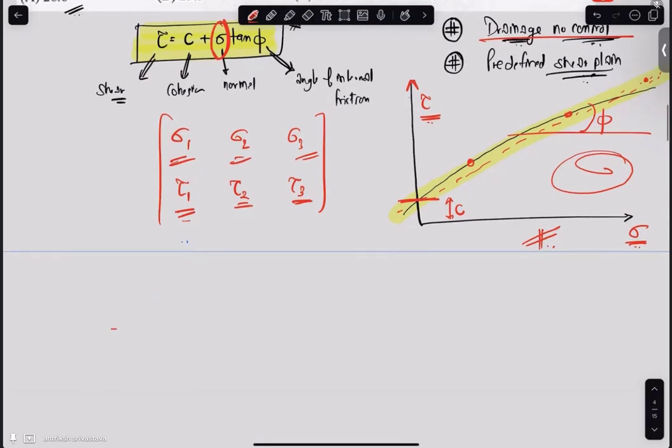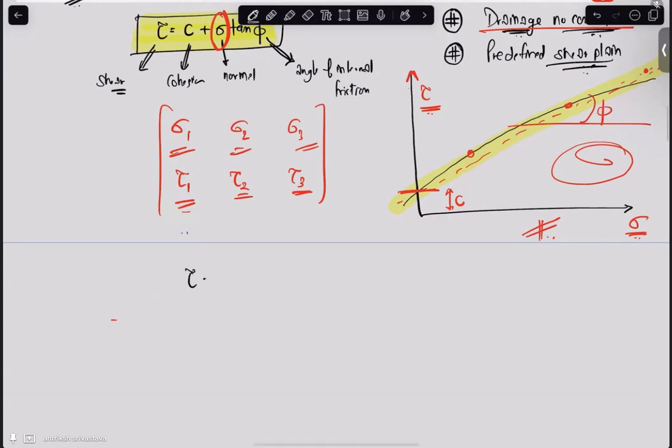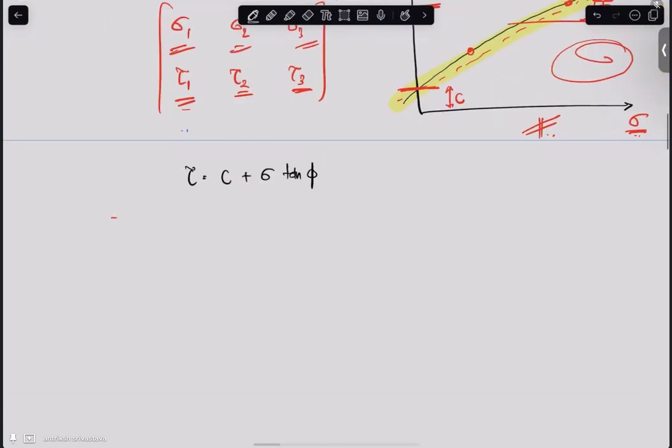So let's calculate. We have the equation tau is equal to C plus sigma tan phi. What is C? This is a cohesionless soil, so C is 0. What is sigma? Sigma was 200. What is tau? Tau is 100. So we can easily calculate the value of tan phi as 1 by 2.